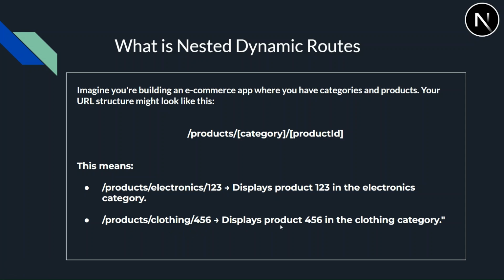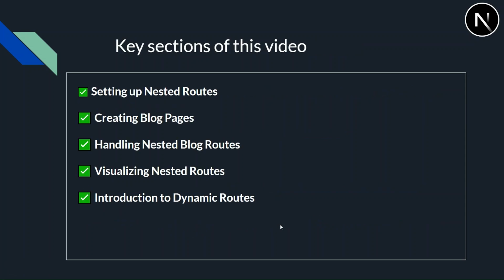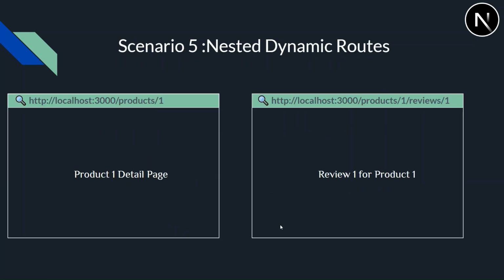For that we have a scenario. Let's see the scenario, and then we start building the nested dynamic route in our application. Here you can see scenario 5, where we are building the nested dynamic route. We have localhost:3000/product/1, which shows the product detail page we already built in the last video.